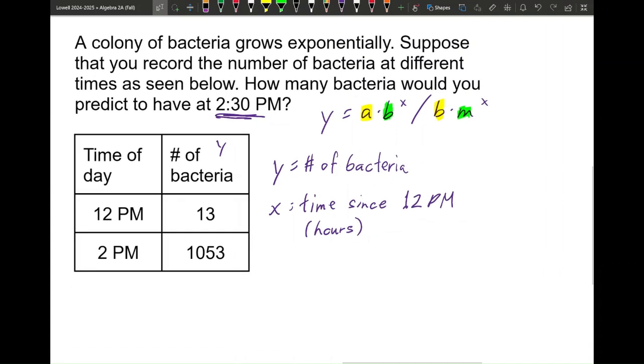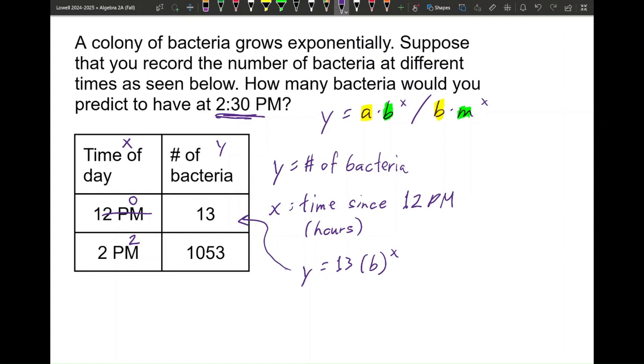So this would now be x equals 0, and 2 p.m. is 2 hours after that, so that would be 2. My 2 points now are (0, 13) and (2, 1053). This means I actually have my starting value, so I already know part of my equation is 13 times my multiplier raised to the x power.